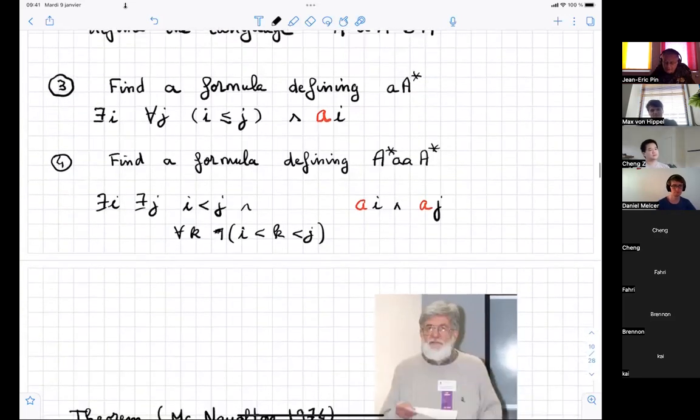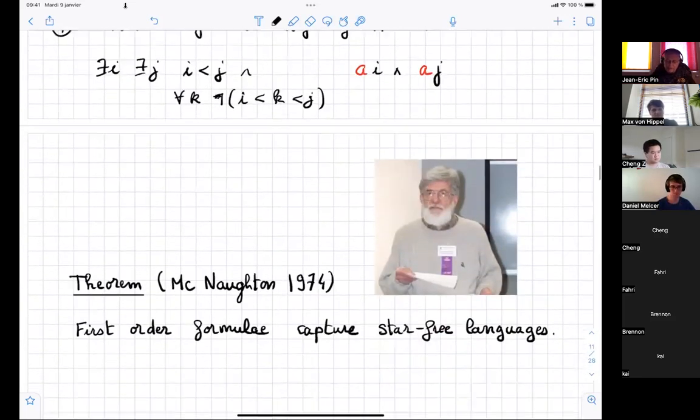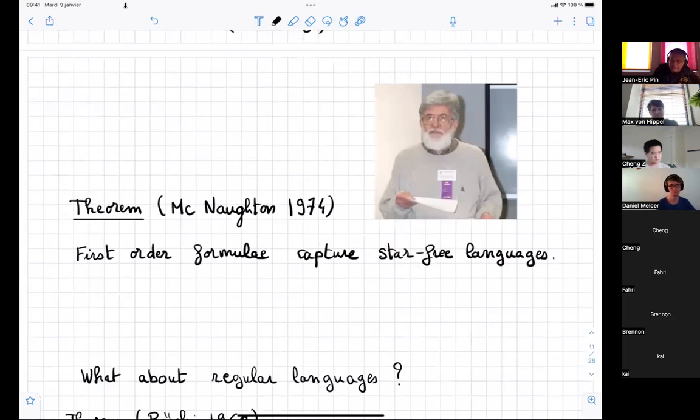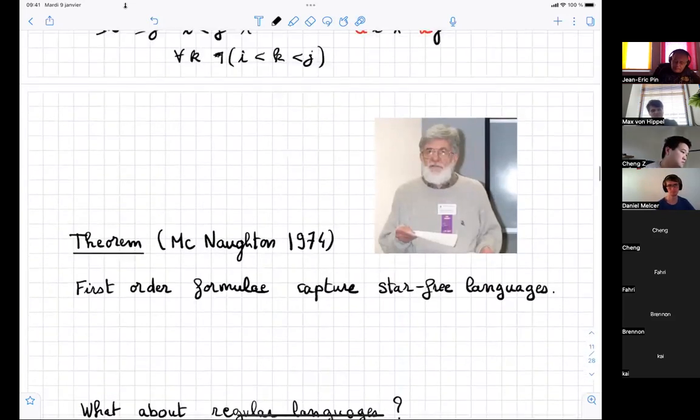And now there is this beautiful result by Robert McNaughton, which tells you that first order formulas capture Starfree languages. So what does this sentence mean? It means that if you start with a Starfree language, you can find a first order formula. First order, I guess you know what it is.